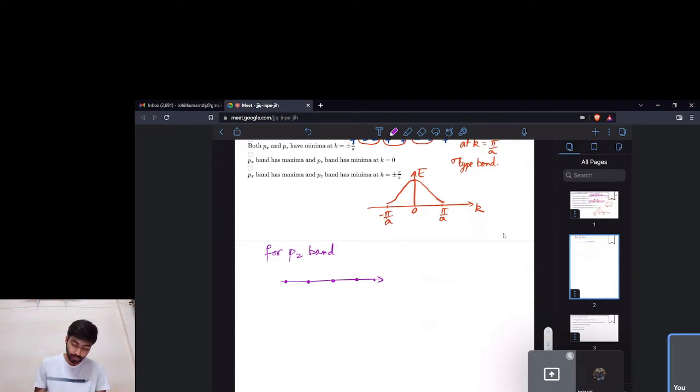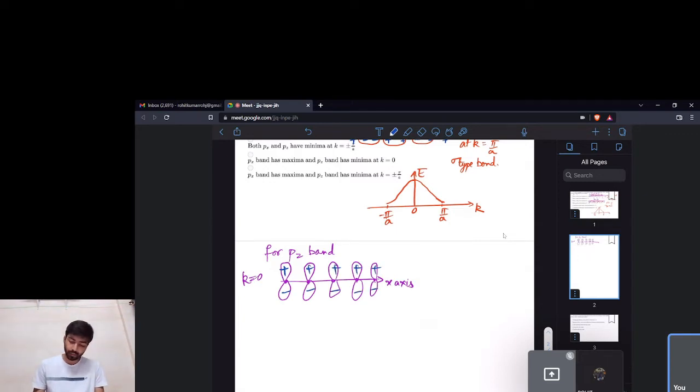Now if this is x-axis, z-axis would be perpendicular to it, so the orbitals' orientation would be perpendicular to the axis. Right, now if I consider k is equal to 0 state here, then the sign of these orbitals will not change: plus minus, plus minus, plus minus, plus minus, plus minus.